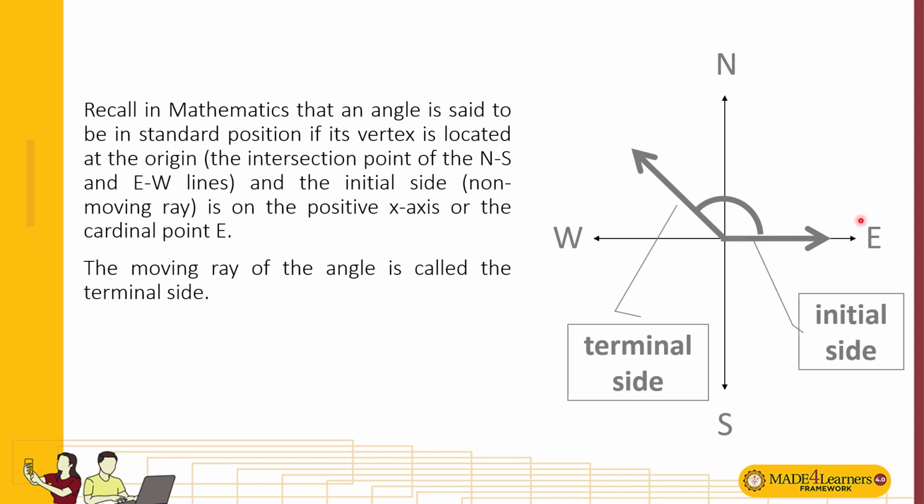So we call this position, starting from the eastern direction as the initial side and rotating either clockwise or counterclockwise, the angle in standard position. So we standardize it. We use this part as our initial side.